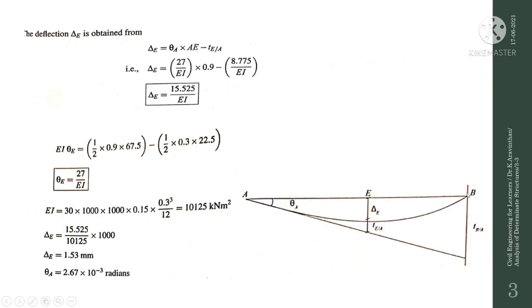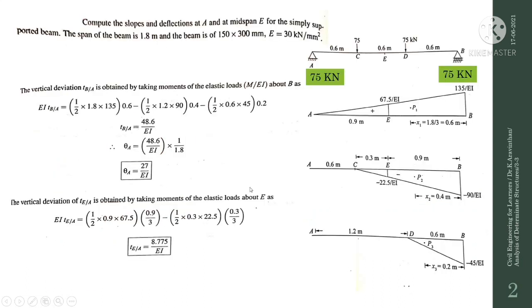Okay, how to find theta? If you have the distance here, so you know TBA here, and to find the angle you have to apply tan theta. So what is the formula for tan theta? Opposite by adjacent. The opposite side is TBA divided by the adjacent, which will be the distance, and that is what we will be writing here.